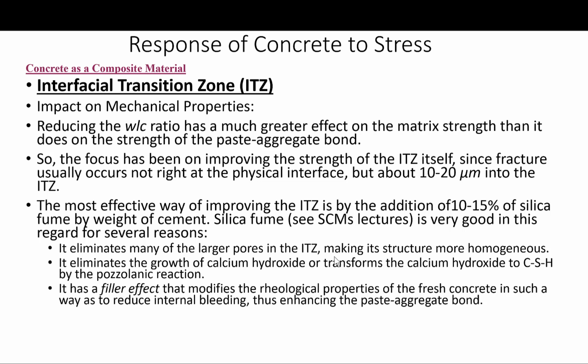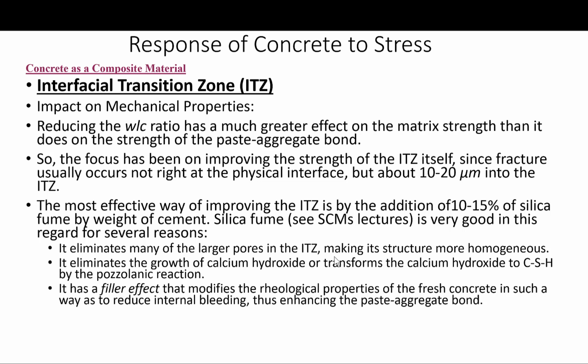Remember, the silica fume, if you want to refer back to the mineral admixtures lectures, is very good in this regard, and for several reasons. First, it eliminates many of the large pores in the ITZ, making its structure more homogeneous.